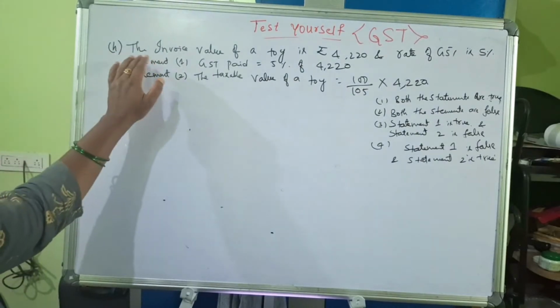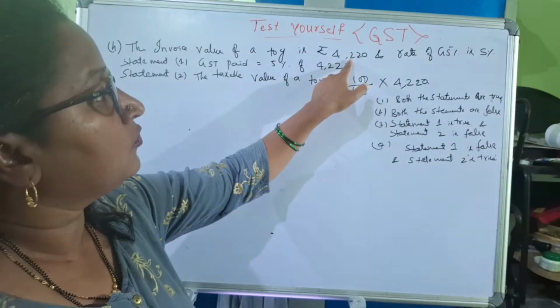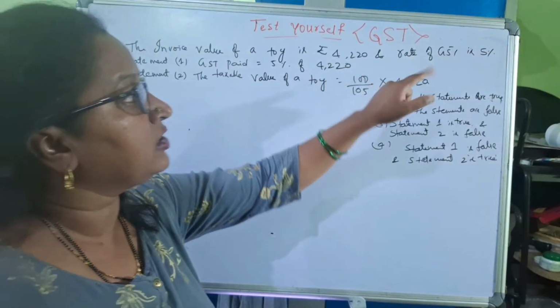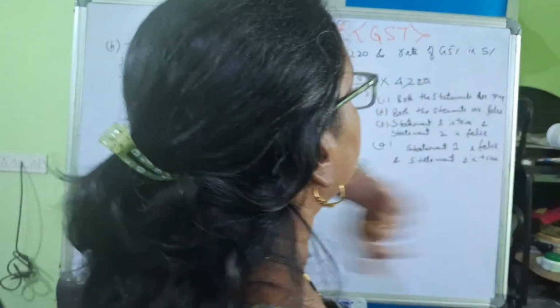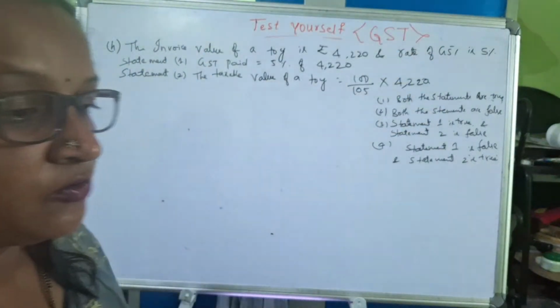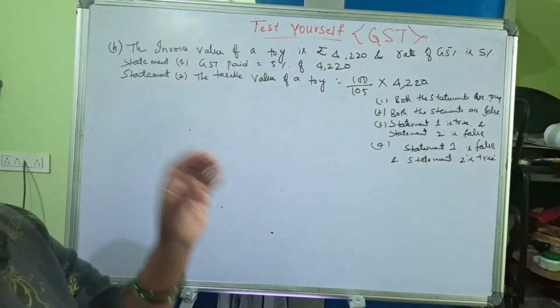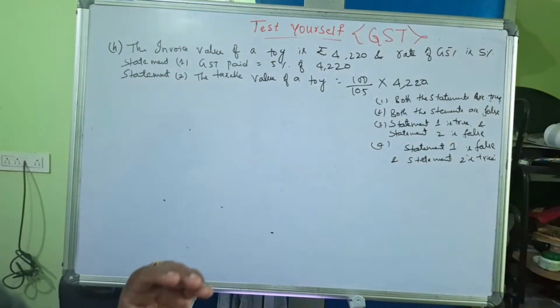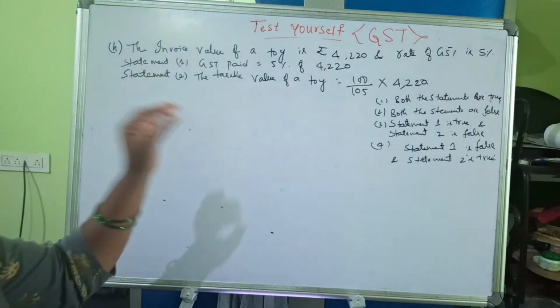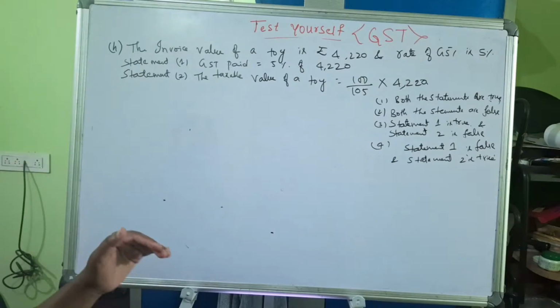Observe the question carefully. The invoice value of a toy is rupees 4,220 and the rate of GST is 5%. The invoice value always includes the GST amount.